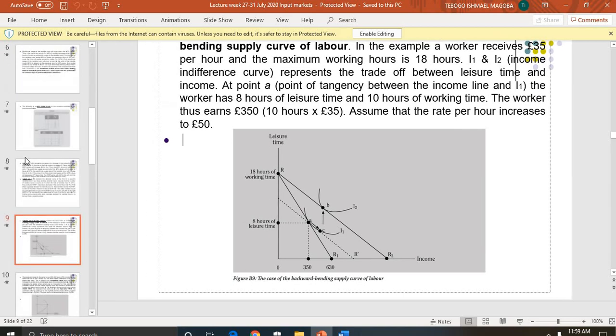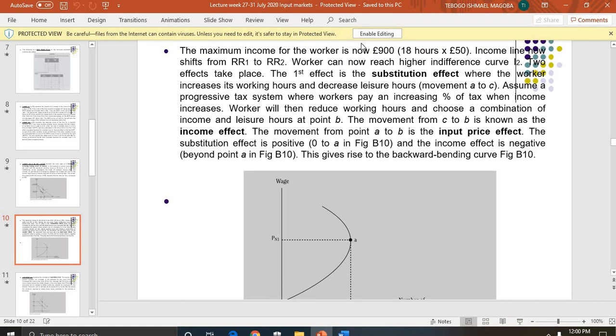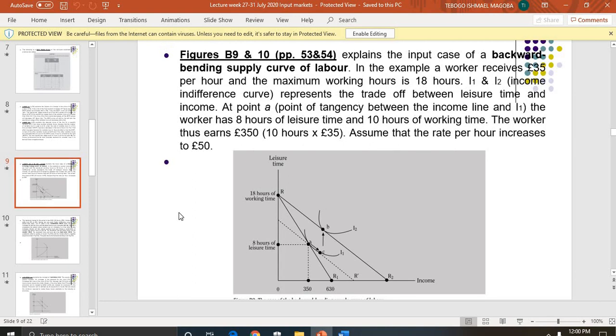So you will now be earning 900 pounds because it's 18 times 50, and then the income line will shift from this one, will move to R to R2 on a different indifference curve.